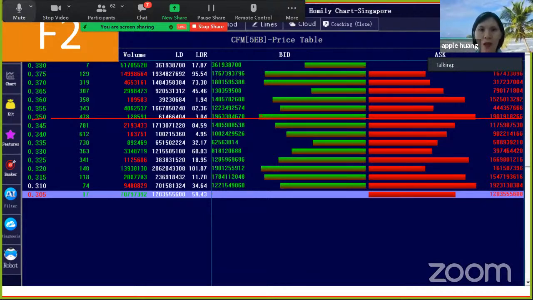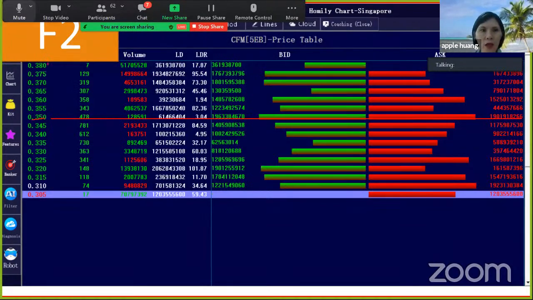The highest buy volume is here and the highest sell volume is here. So this 35 cents, through this function tool, you can know which will become the major support or resistance level.